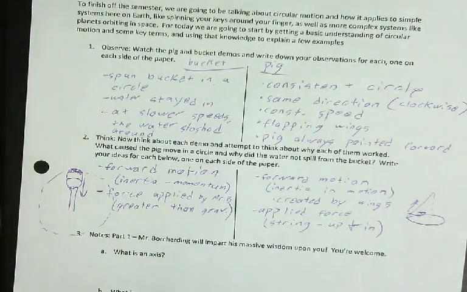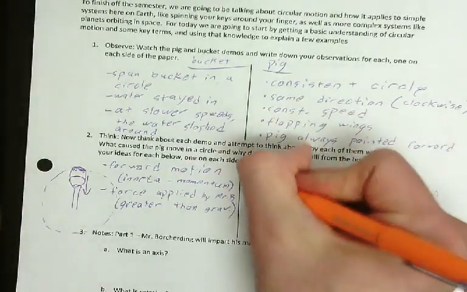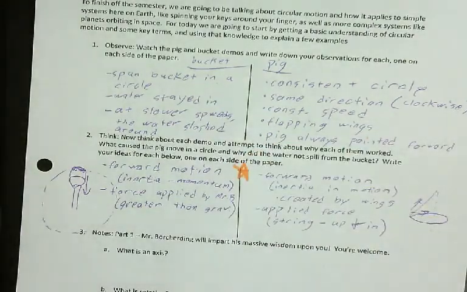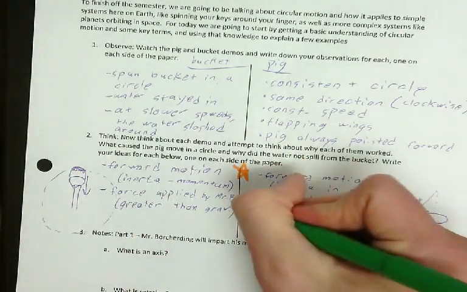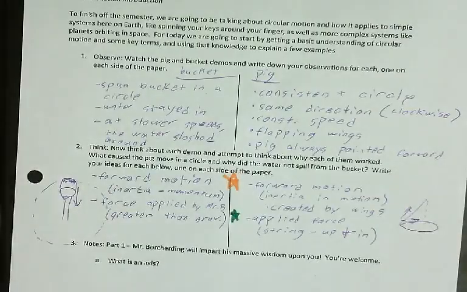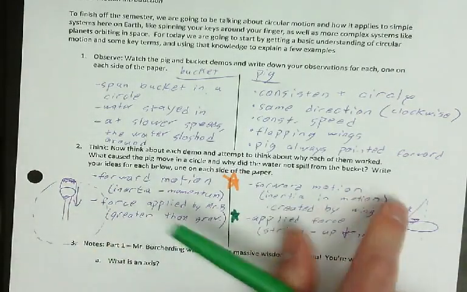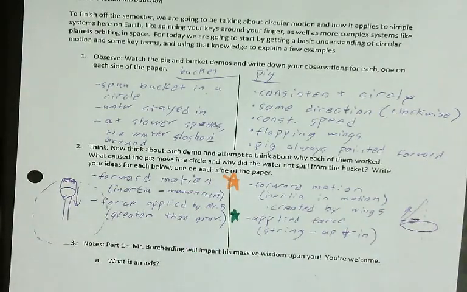So, I want you to see two big patterns here. These are both circular motion examples. Both of them have some sort of forward motion. Right? The pig going forward, the bucket going forward. There's some sort of forward motion, some sort of inertia in motion, and there's some sort of force applied. Okay, whether it's my arm holding onto the bucket or it's the string holding onto the pig, there's some sort of force applied as well.